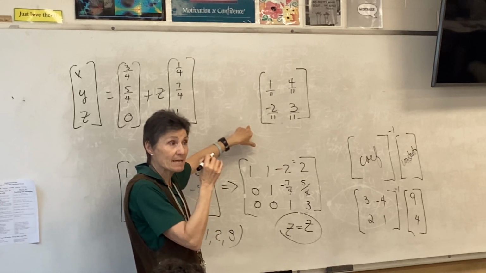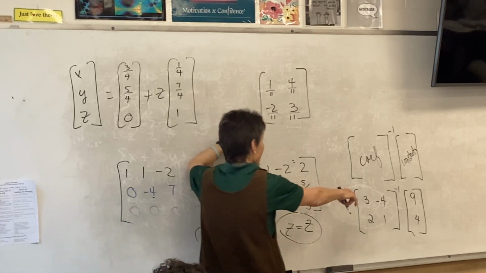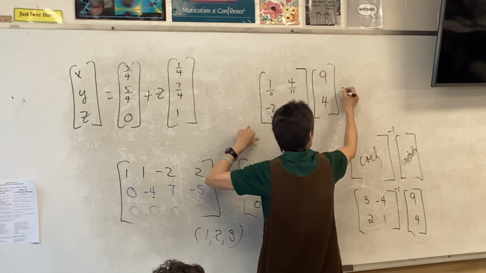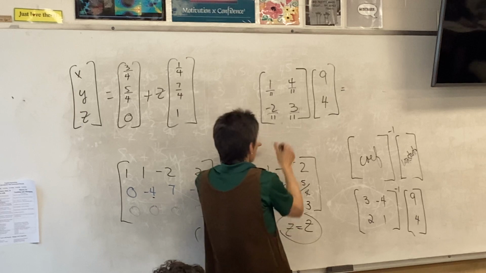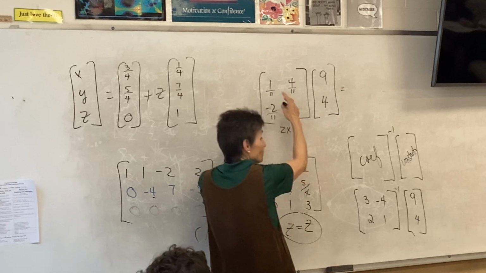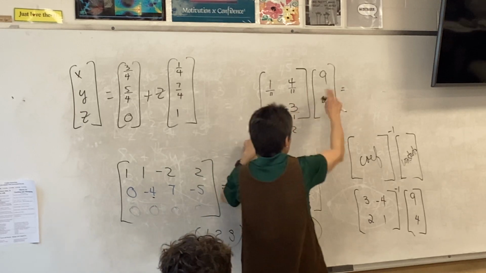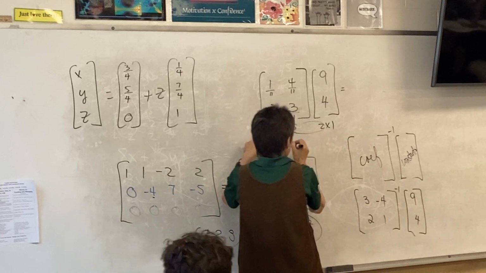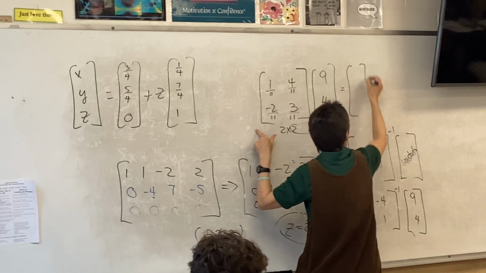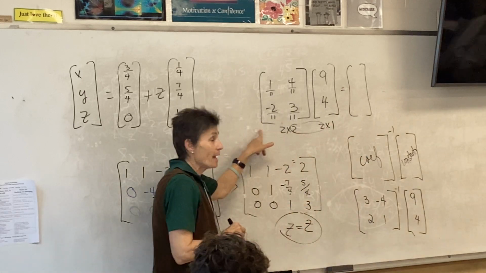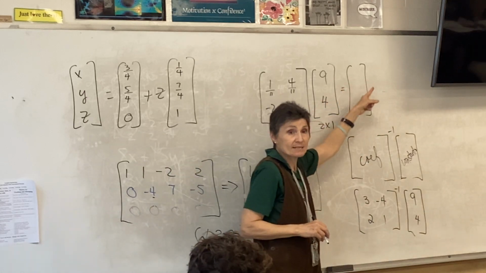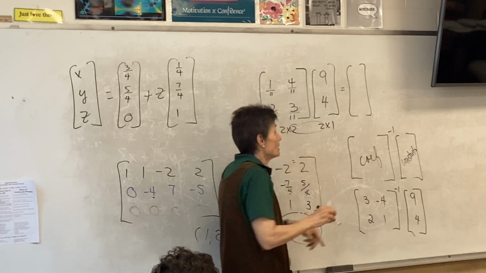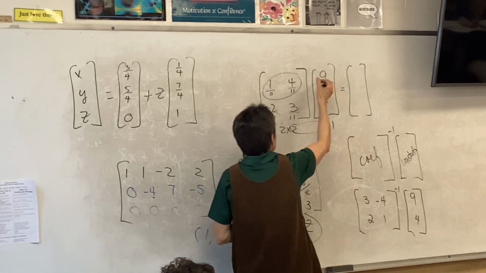Now I've got to take that and multiply it by 9, 4. This is a 2 by 2. This is a 2 by 1. So when I multiply, I will get another 2 by 1, and that's going to be my x and y. That's going to be the answer to the question. So, row times column.